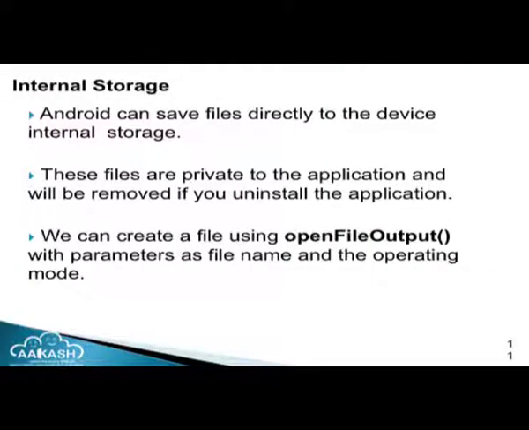We can create a file using openFileOutput with the parameters file name and the operating mode. Again here we have to give the operating mode for your file. It should be private or readable for the world, as we have used in shared preferences.